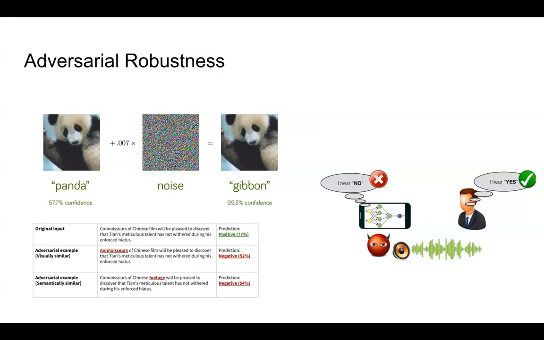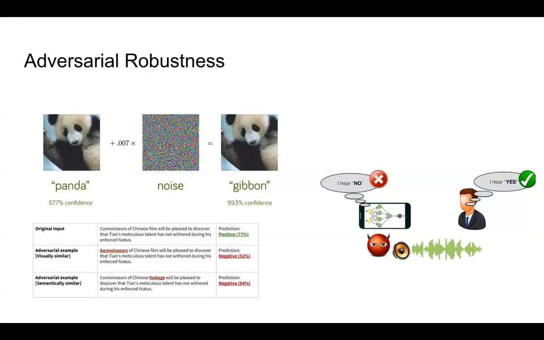If you see on the left-hand side, there's an image of a panda. The classifier is saying it is a panda with a confidence of 58%. Then you add a noise, and suddenly it's saying it's a gibbon with a confidence of 99.3%. And this noise is not random.